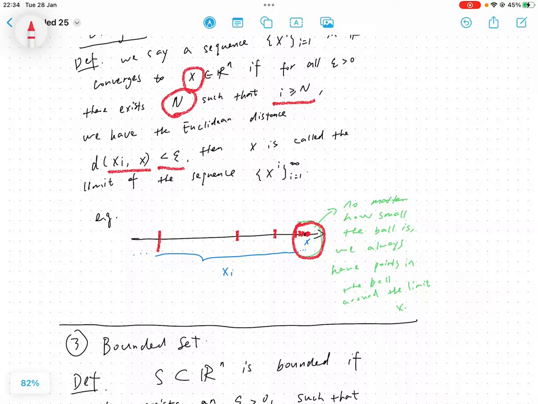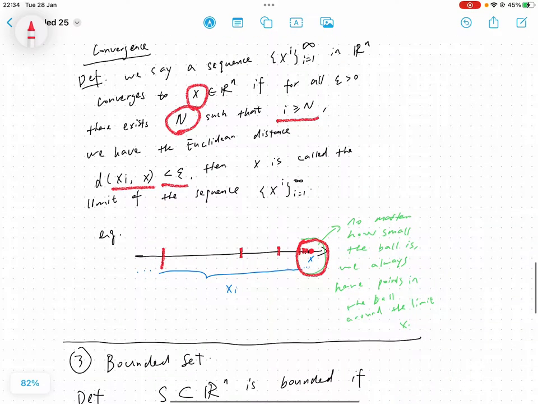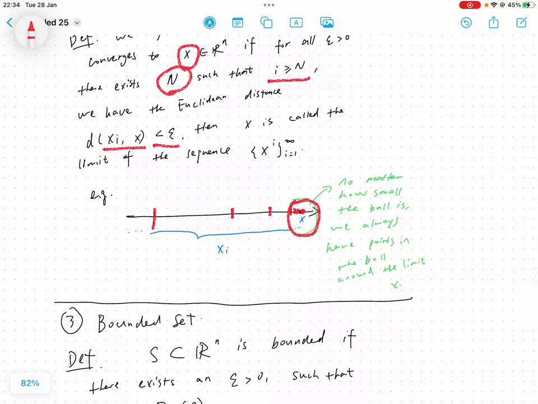So around this limit point x there are always infinitely many of those points converging to this limit. No matter how we draw this epsilon ball, we can always find infinitely many of those points around x. That is very straightforward.